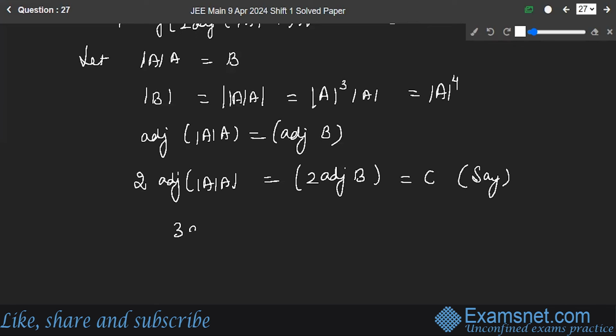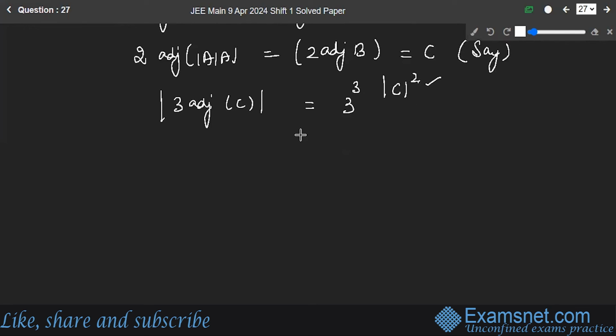So 3 adjoint of C. This determinant will be given by 3 raised to power 3, because the order of the matrix was equal to 3, into the determinant of C raised to power 3 minus 1, that is 2. Now the determinant of C is the determinant of 2 adjoint of B. This is 2 raised to power 3 into B's determinant whole square.